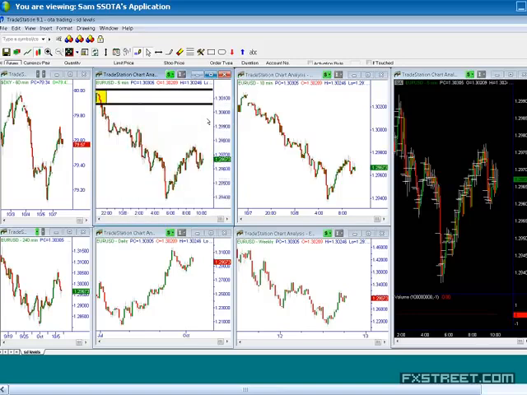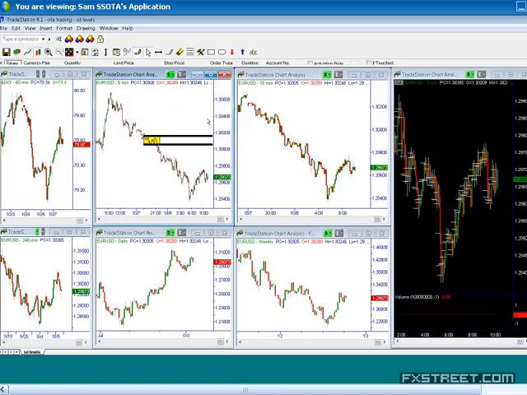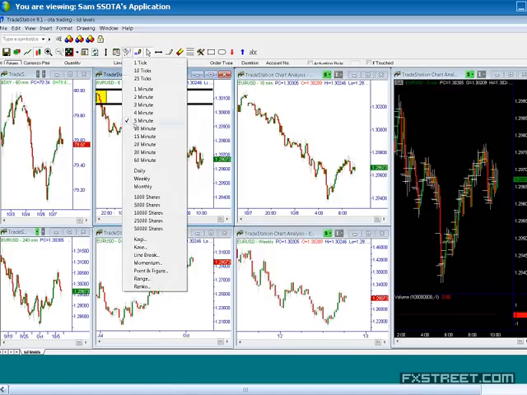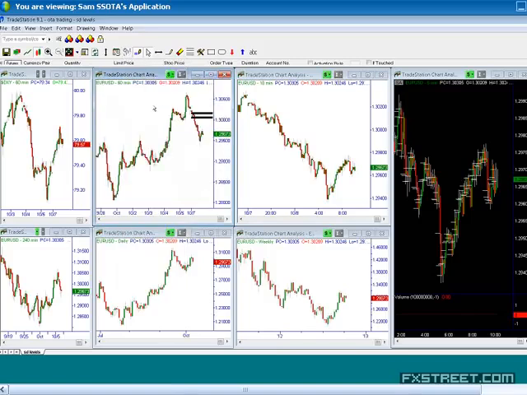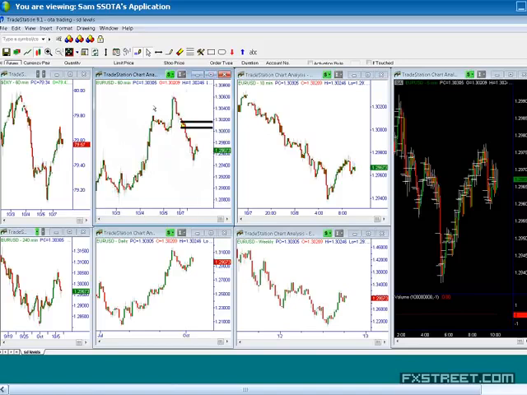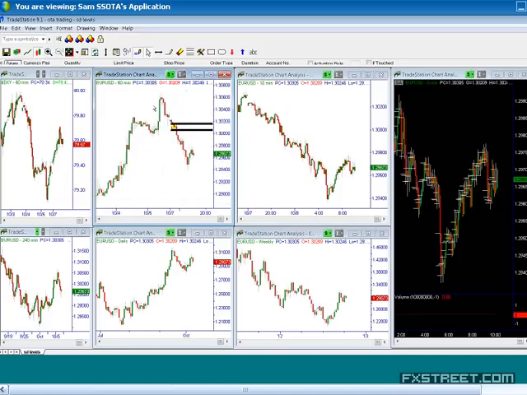See that? But I would say, when you find the level in, for example, this time frame, here's a 60-minute chart, I just keep it relative, and that will work out fine.